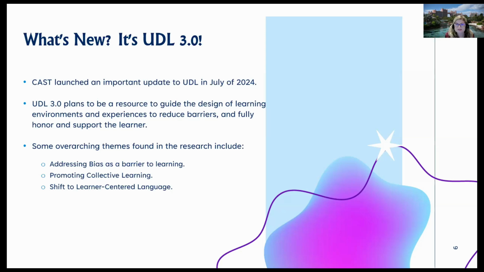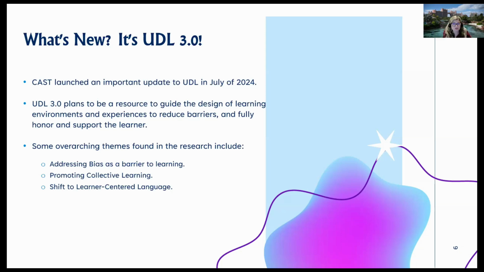In the last rendition, which is 2.2, they talked about just meeting the needs of the diverse learner, but now they're focusing on the whole learner, this kind of holistic approach to learning, everything that the learner would require. So that's really nice.